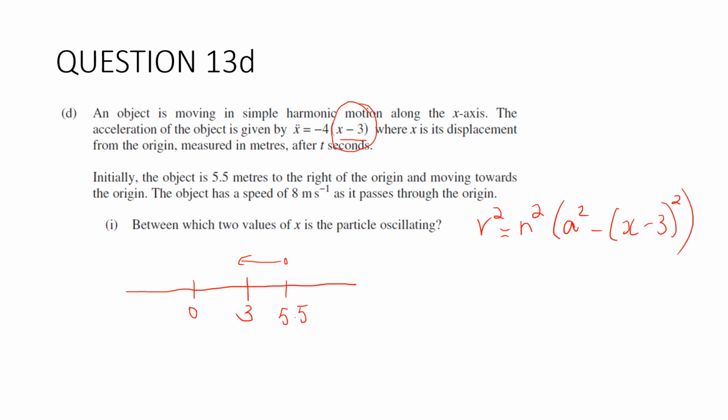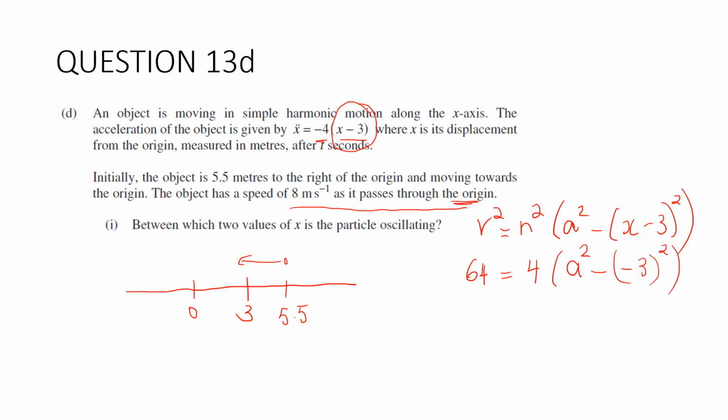All right, we do know a few things. We're going to use this pair of values here. v² will be 8², which is 64. We know n², it's here, so it's 4. a², that's the amplitude, that's actually what we're trying to find. x is 0, because it's passing through the origin, so this is (−3)².